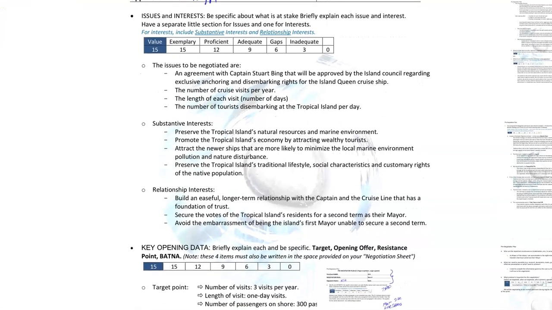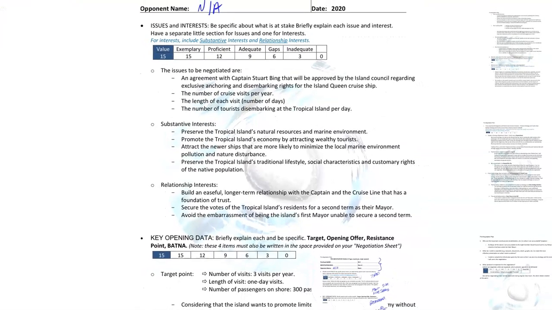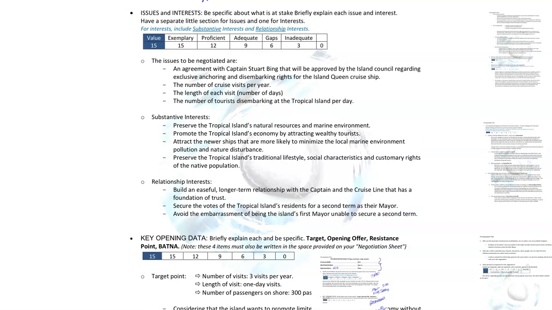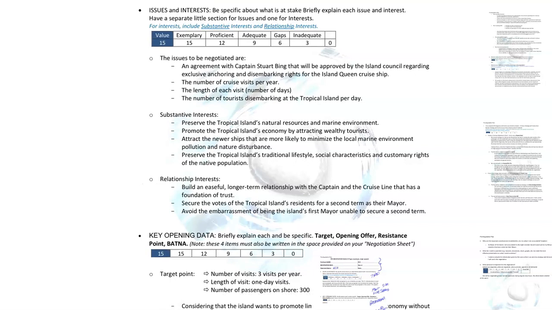So if we move up ahead here a little bit, we start to see what these sections look like when they're completed. Here they have an excellent job done, where they have, first of all, the issues to be negotiated. We can see how clearly they're spelled out. Each issue is a separate little bullet point, briefly explained.